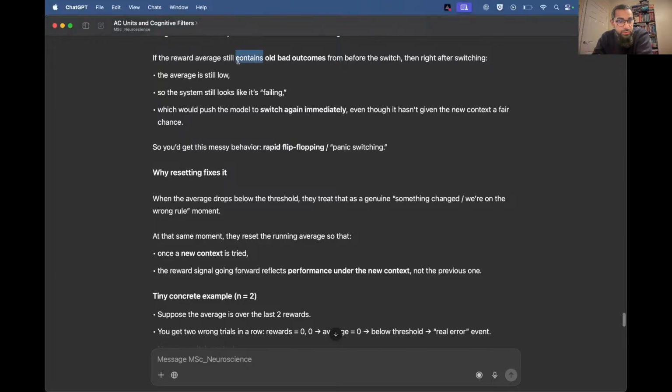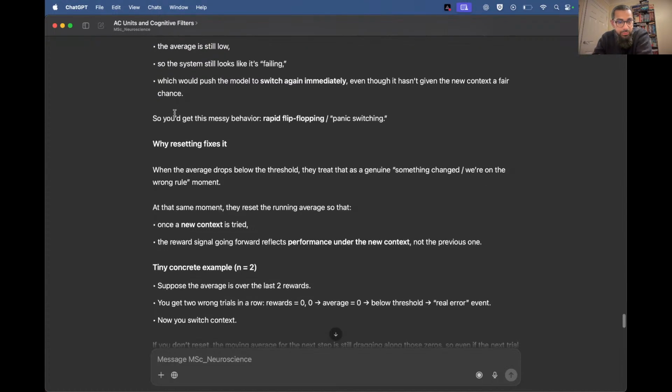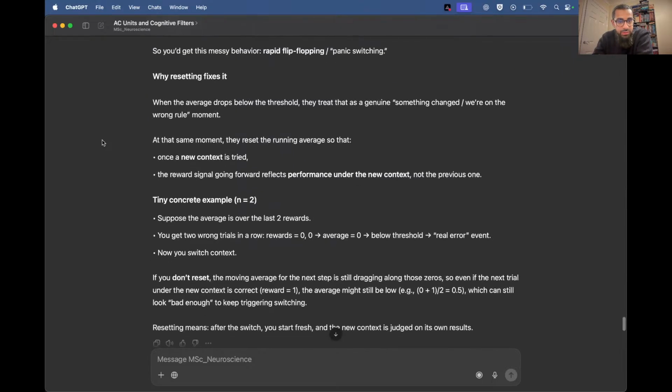So the system still looks like it's failing, which would push the model to switch again, even immediately, even though it hasn't given the new context a fair chance. So you get this messy behavior, rapid flip-flopping, panic switching.